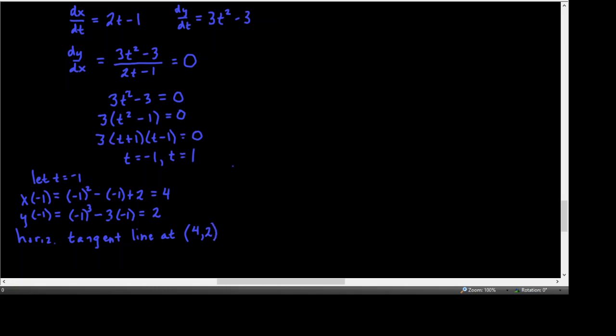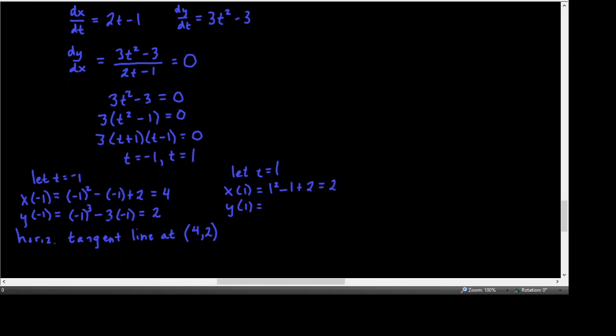Okay, now let's let t equal the other possible value that we found, t is equal to 1. So we need to find x and y when t is 1. So x will be 1 squared minus 1 plus 2, which is 2.